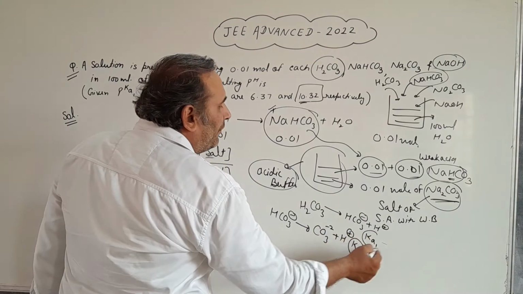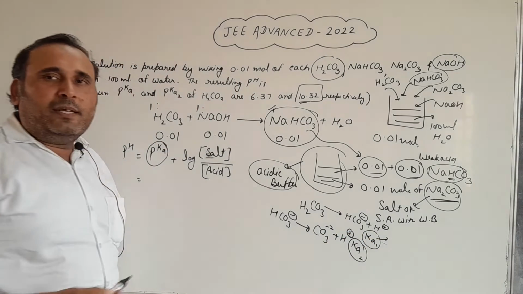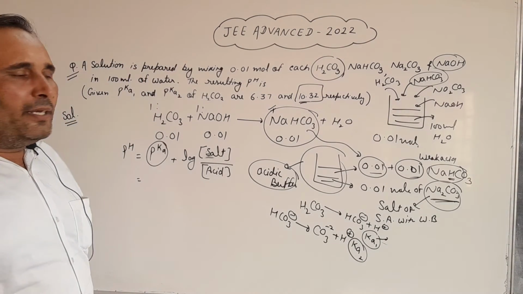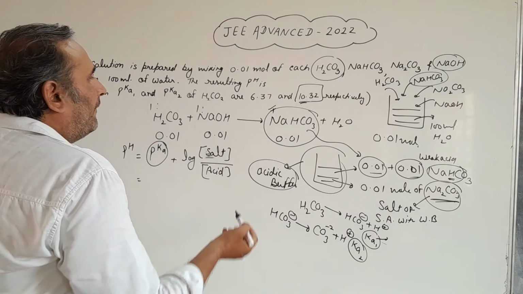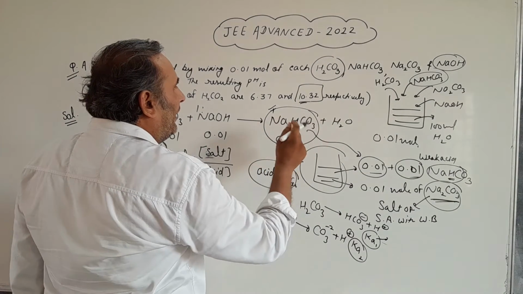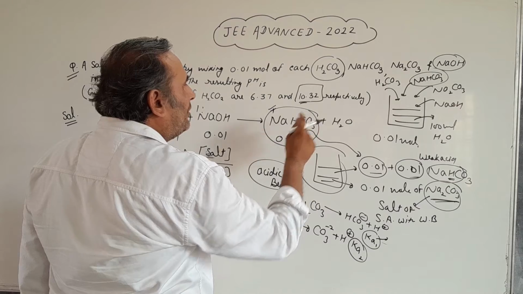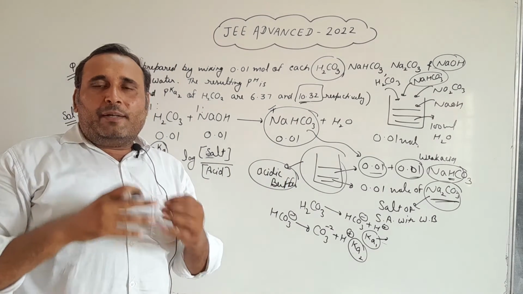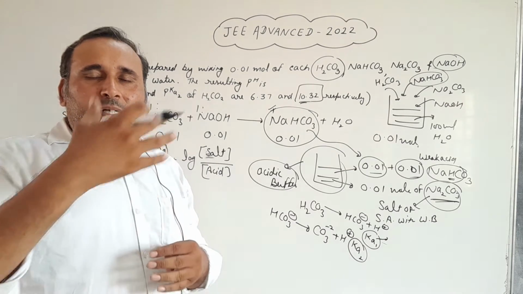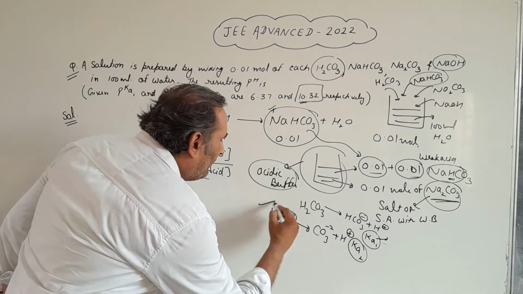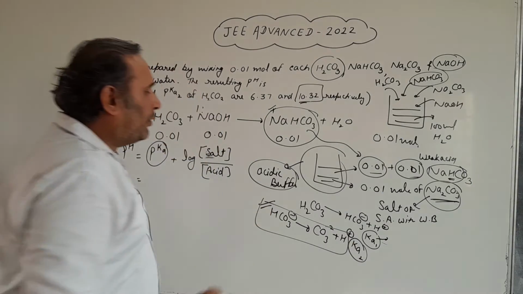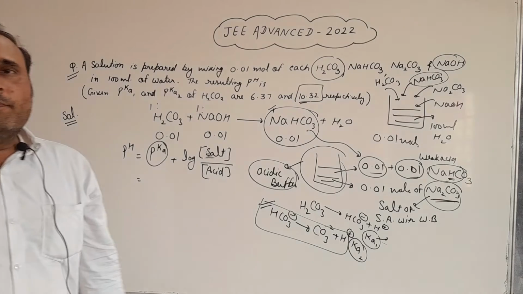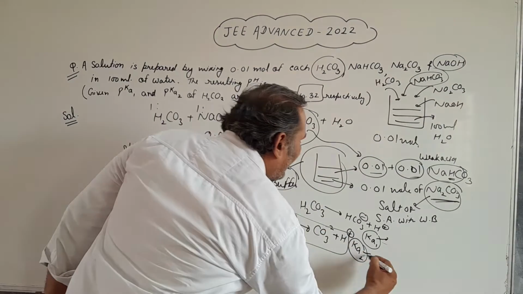Now negative log of Ka1 will give us pKa1, and negative log to the base 10 of Ka2 will give us pKa2, because we have NaHCO3 as an acid, and this NaHCO3 will give us bicarbonate ion, and when these bicarbonate ions behave like an acid, then they will give their protons. So the reaction will proceed, HCO3 minus will get converted into CO3 2 minus plus H plus. That's why we will take that Ka2.